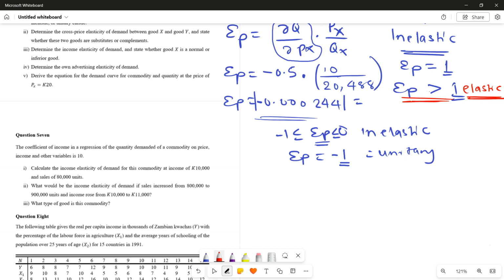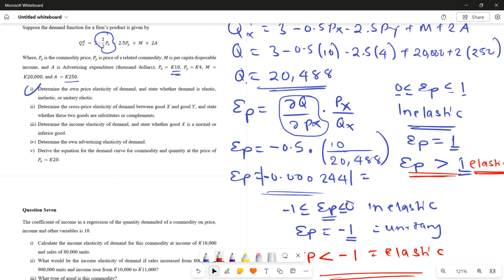If you want to work with negatives, the same. It's a case where your elasticity is less than -1, which means it's more negative than -1. Let's say it's -1 point something. Okay, then it means that demand is elastic. So whether you work with a negative side or you work with a positive side, the conclusion will be the same.